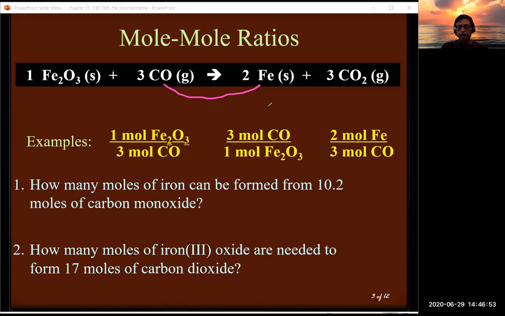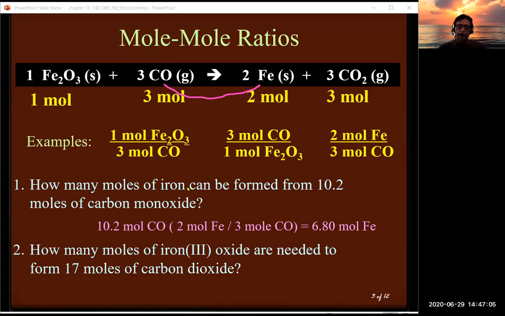Okay, and so we can see that the relationship is a 3 to 2. And so we can write it as so. If we start off with 10.2 moles of carbon monoxide, then from the balanced chemical equation, the stoichiometric relationship is 2 iron per 3 carbon monoxides.